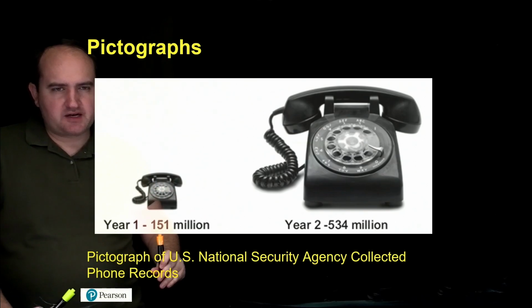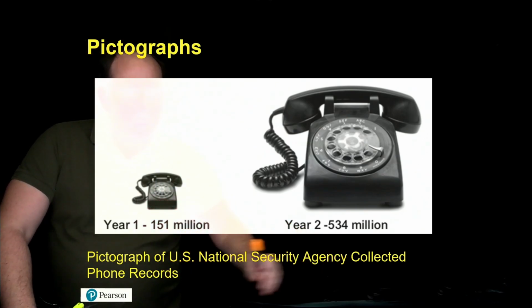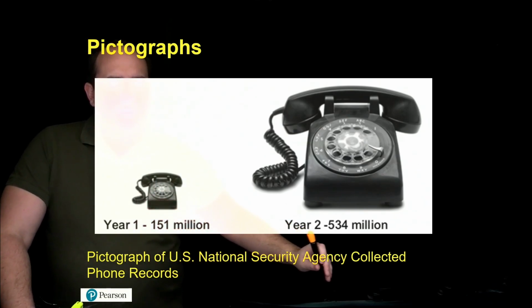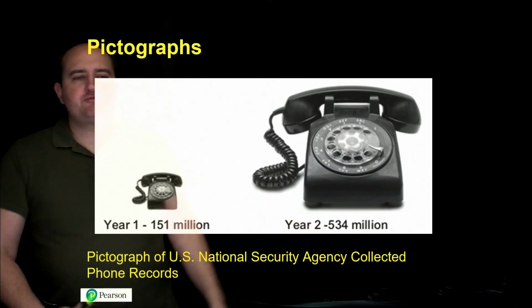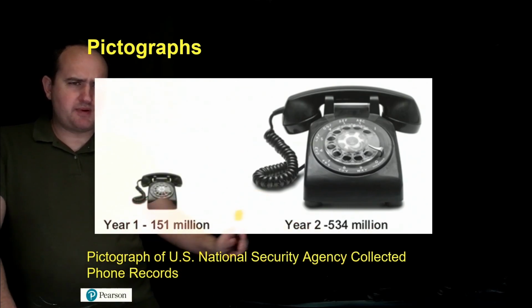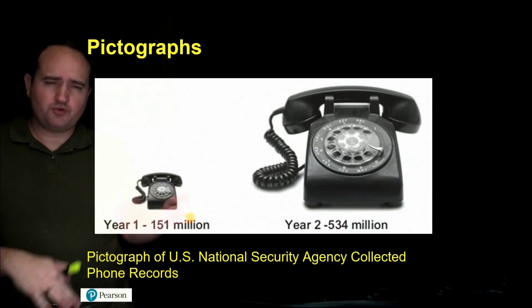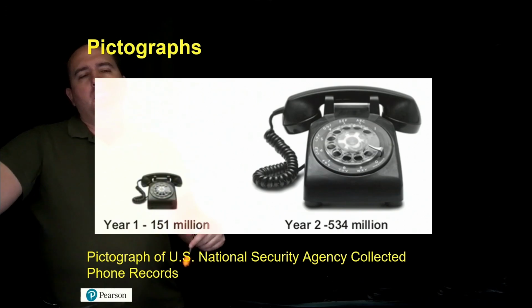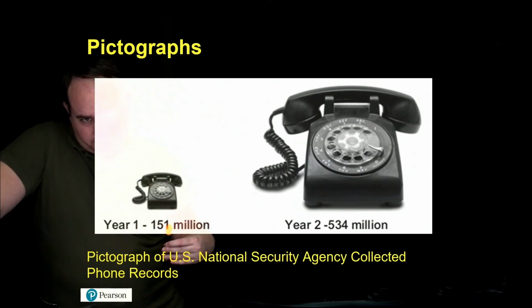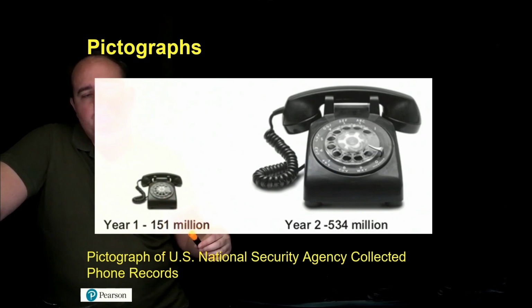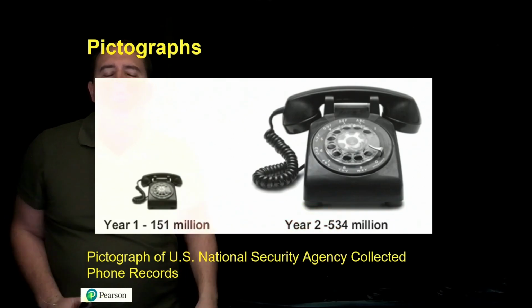But if we look at the actual numbers here, 151 million and 534 million, that's only about 3.5 times, 3 to 4 times, going from 151 million to 534 million.